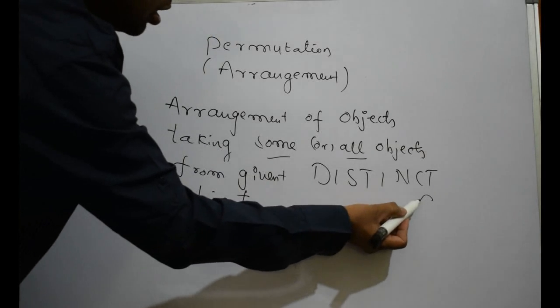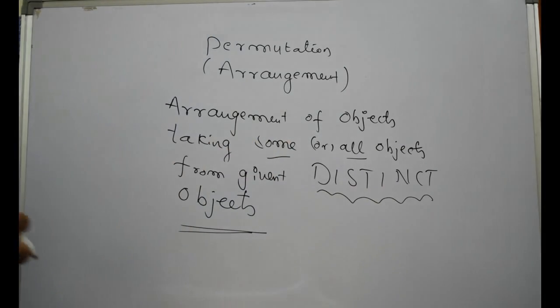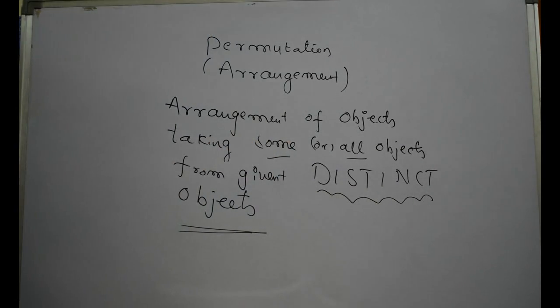Here, in the beginning, I am using the word distinct. Later we are going to find out how to find the number of arrangements, the number of permutations, whenever the given objects are not distinct, after completing this concept.